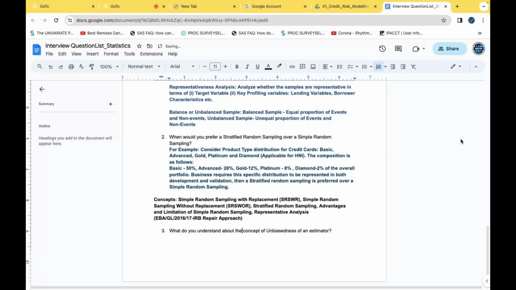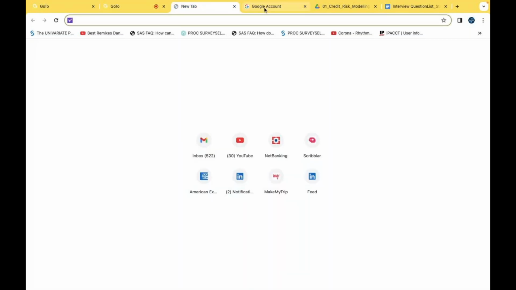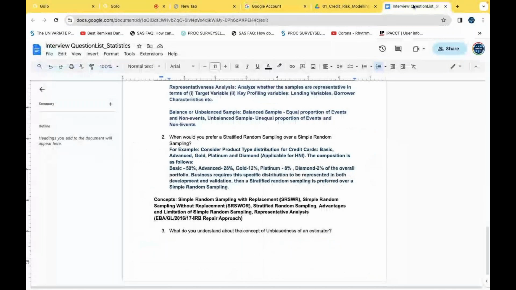Can any one of you tell me what is meant by the concept of unbiasedness of an estimator? What is meant by the unbiasedness of an estimator?